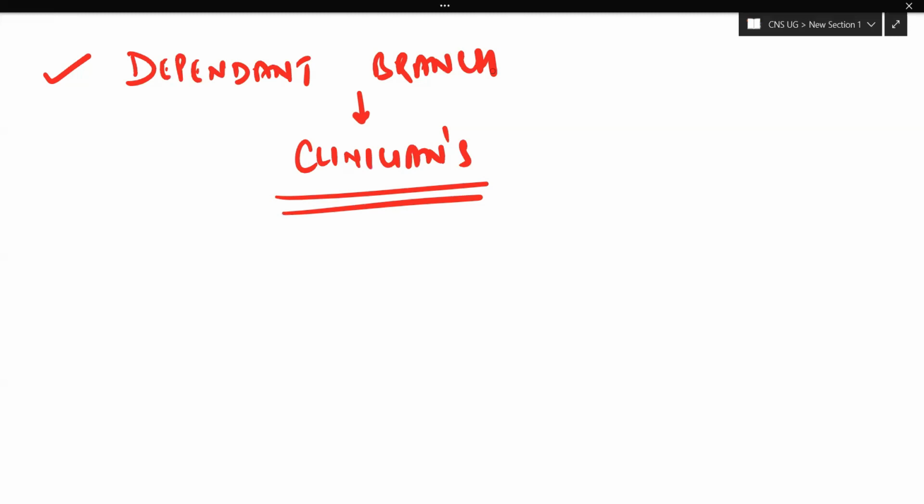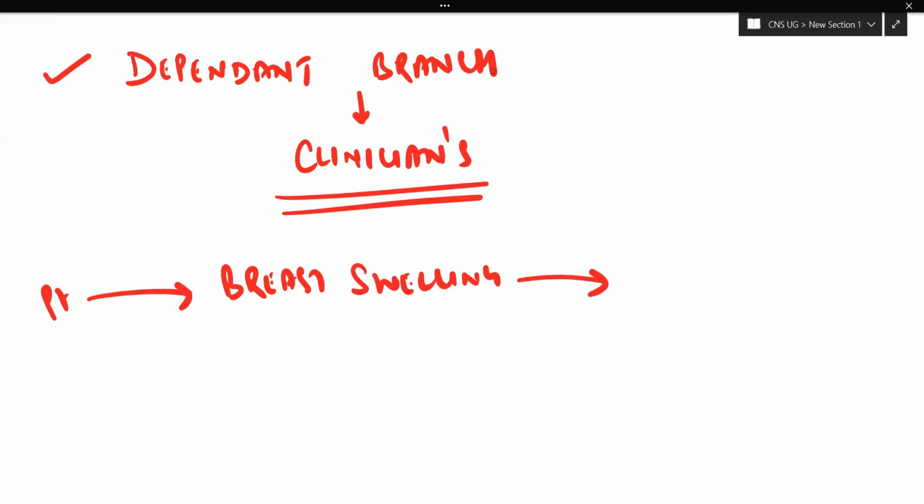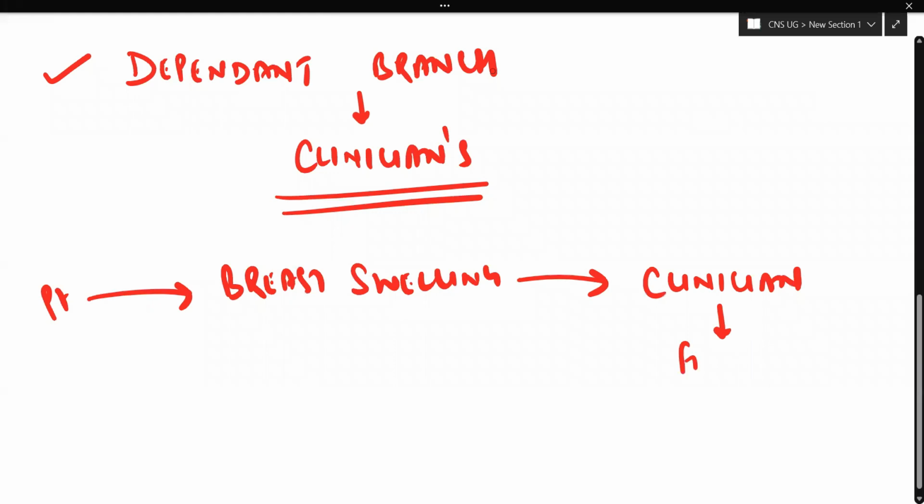To illustrate with an example, a patient has come with a breast swelling. Initially, the patient is not going to come to a pathologist; the patient is going to first go to a clinician. After examining the breast swelling, the clinician will advise a study called FNAC.